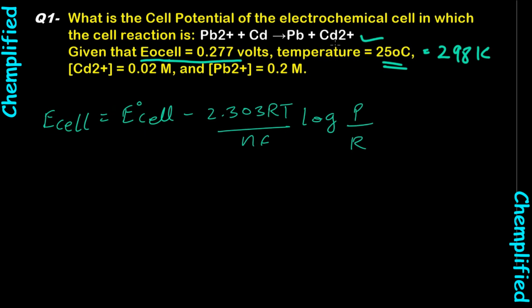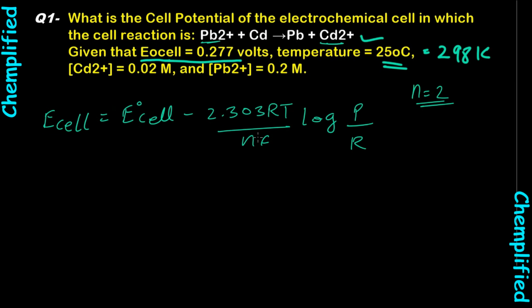Now the equation is already given. Cd2+ is in product and Pb2+ is in reactant. The value of n is equal to 2. Why? Because there are two electrons which are getting transferred from Cd to Pb2+, right?